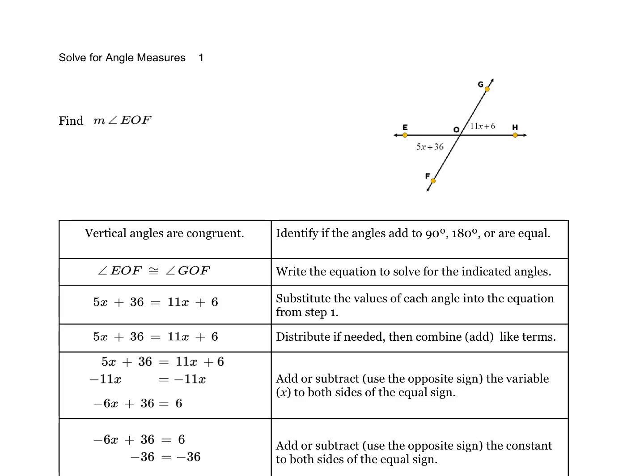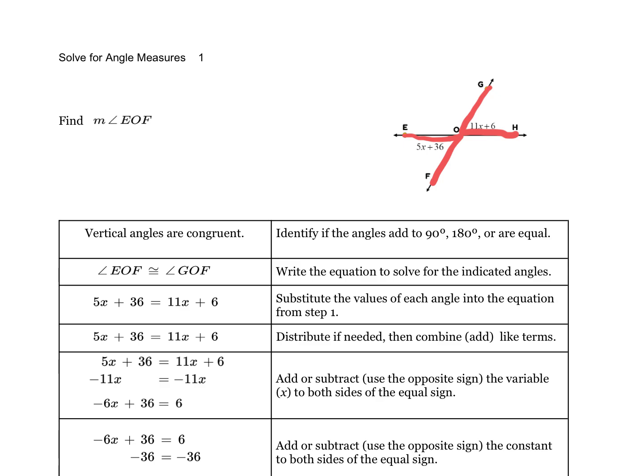This first problem here is an example of how to solve for vertical or congruent angles. Now you'll notice from our diagram we have angle GOH and we have angle EOF.